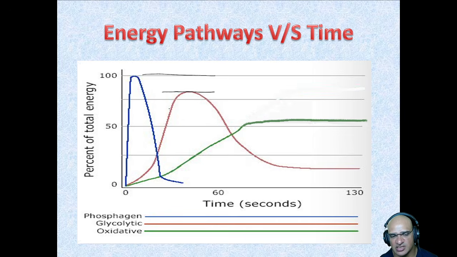I get ATPs, but not to the level of what I got with the ATP-CP system or creatine phosphate system. It's a little lesser than that. And also, whenever I use glucose or glycogen anaerobically, I generate a byproduct called lactic acid, which gives me a burn and makes me stop.